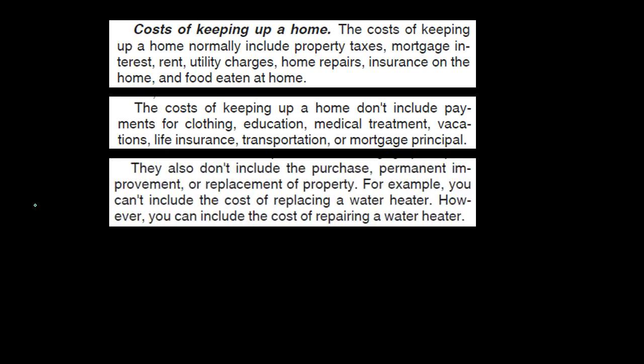They also don't include the purchase, permanent improvement, or replacement of property. So if we're purchasing new property, that's not typically the cost. Permanent improvement. So if we made a new addition to the home, unless the addition was specifically for the care services, then if it was just an addition to the home, the cost of the addition won't typically be something that would be included in the expense.